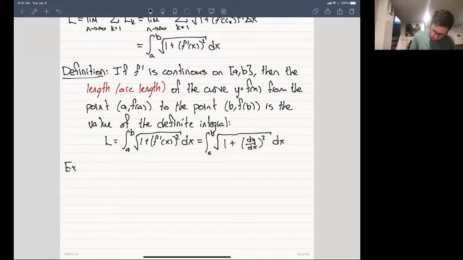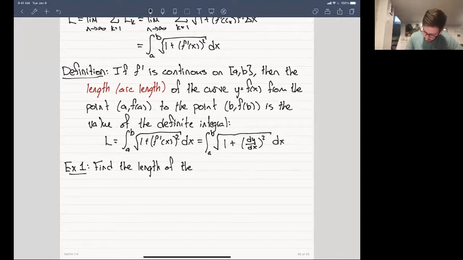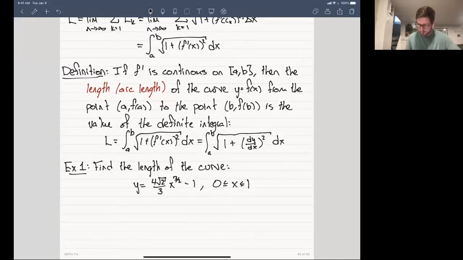So let's take our first example here. Find the length of the curve which is going to be given by y equal to 4 times the square root of 2 over 3 x to the 3 over 2 minus 1, and x is going to run from 0 to 1.